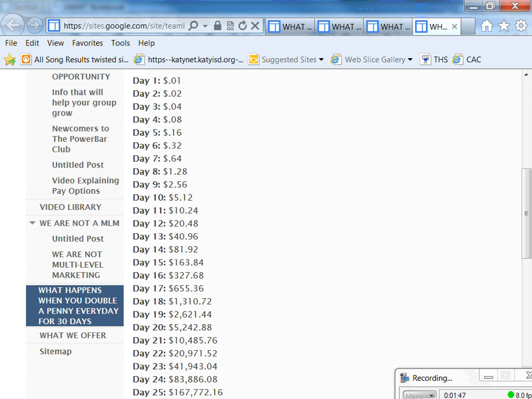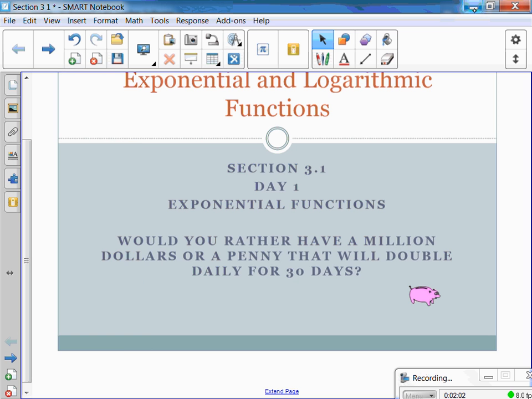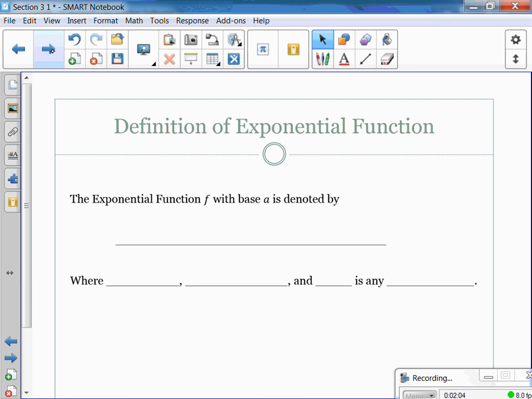As you've always heard before, something growing at an exponential rate. That's what it is: starting off very small and then all of a sudden increasing at a very large accelerated rate.